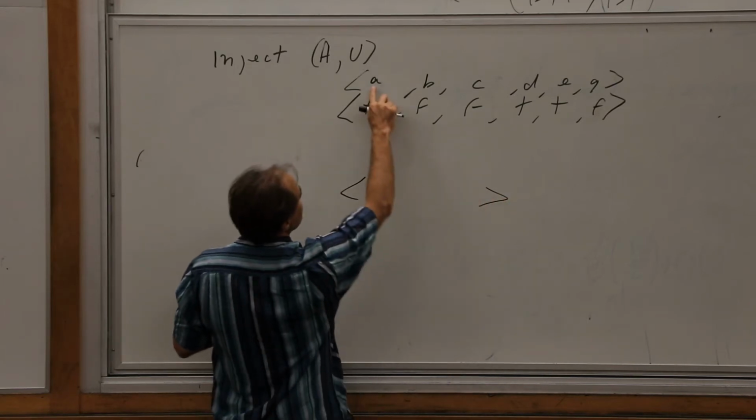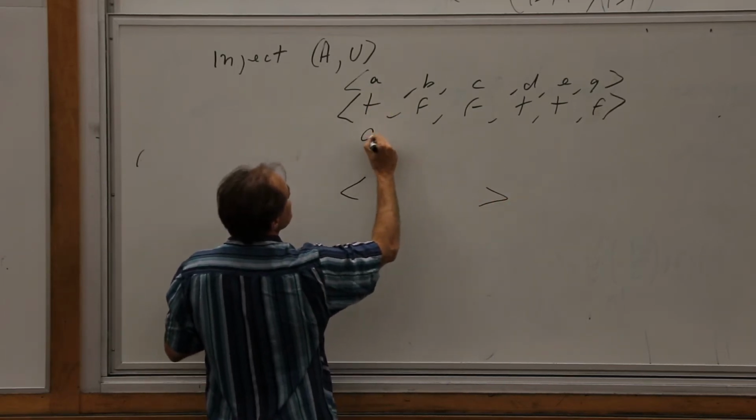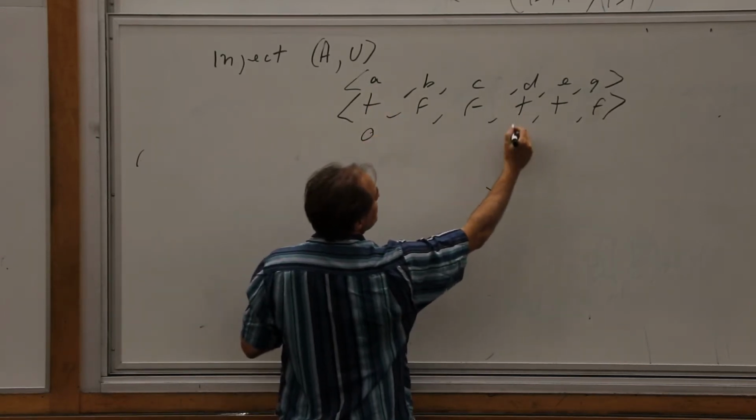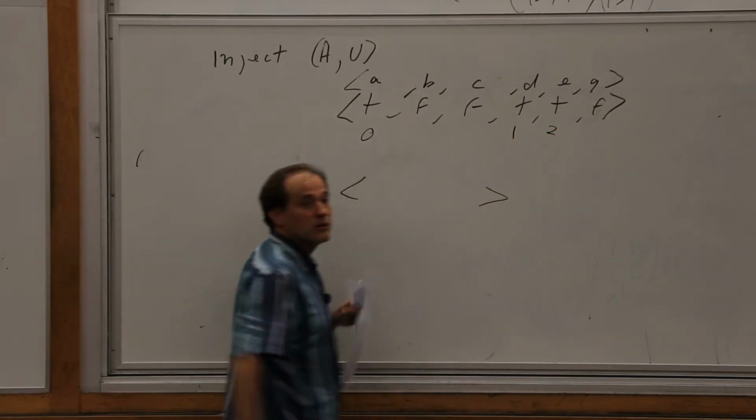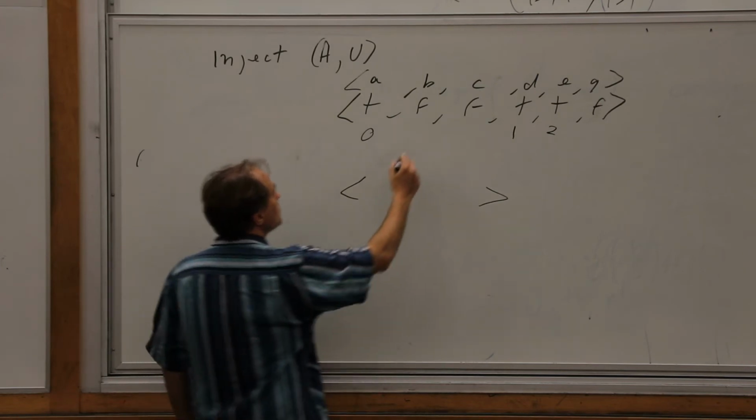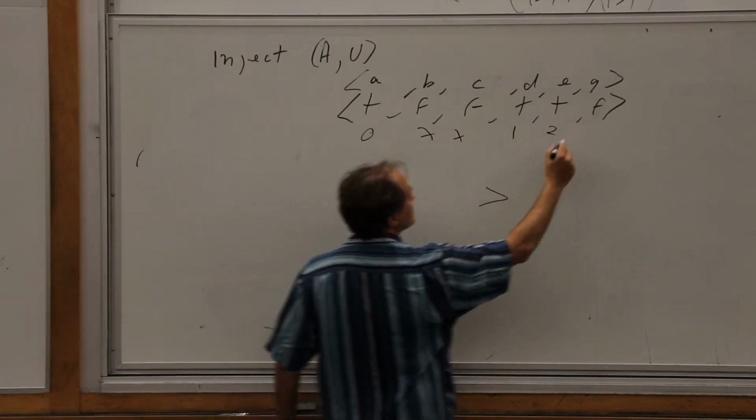In particular, we want to write the A into location 0, the D into location 1, and the E into location 2. And these other ones, we don't care where. They don't go anywhere.